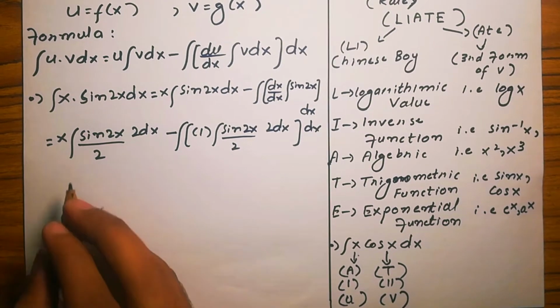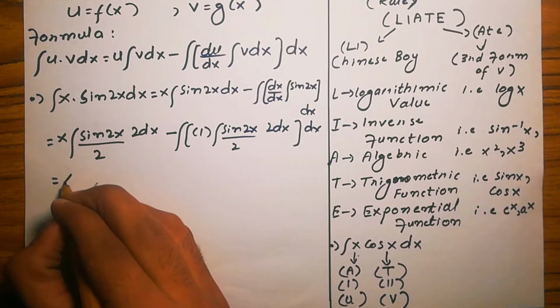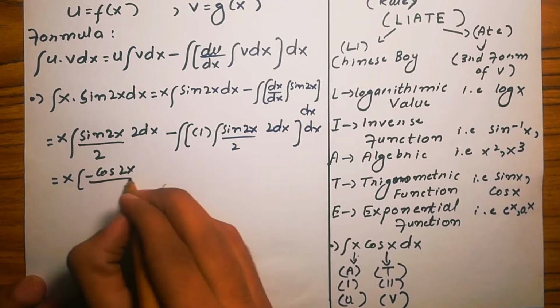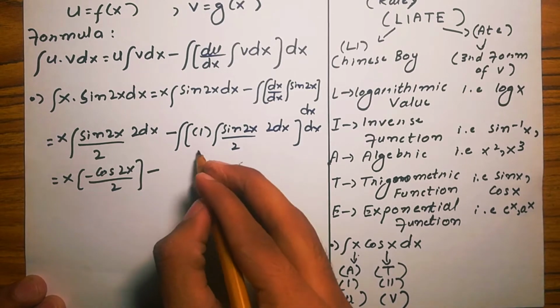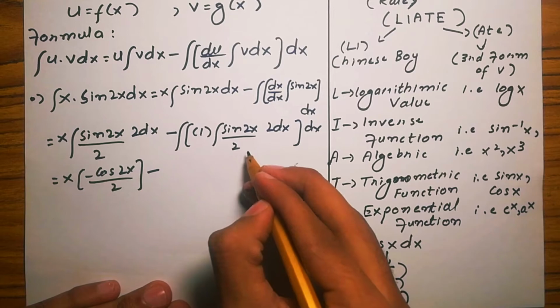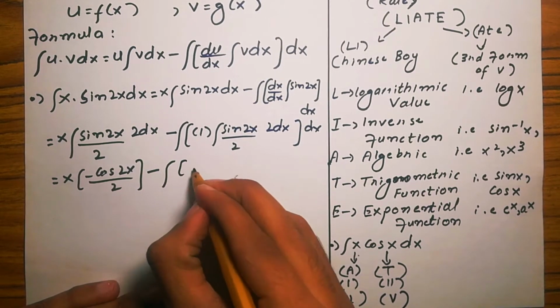The integration of sin is minus cos, so here it will become minus cos 2x upon 2, minus, and it will also become minus cos for this, as we need 2.